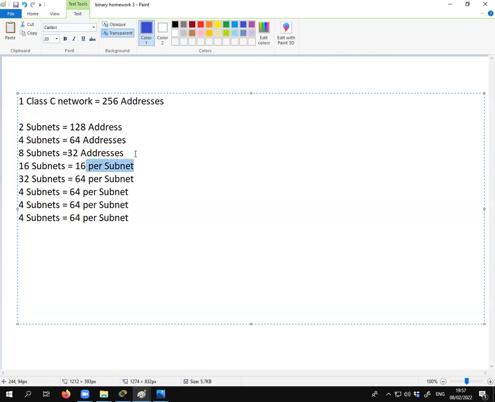I would definitely recommend taking this table down, it will really help you. And 64 subnets will give us 4 addresses. 1, 2, 4, 8, 16, 32, 64.